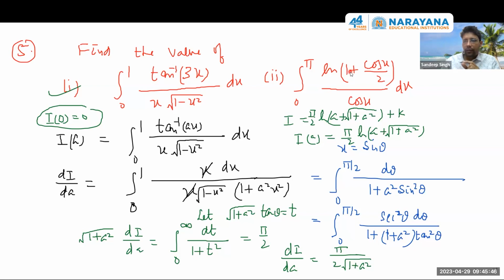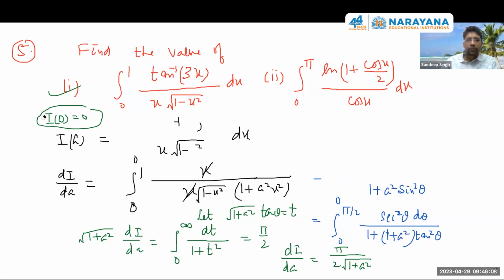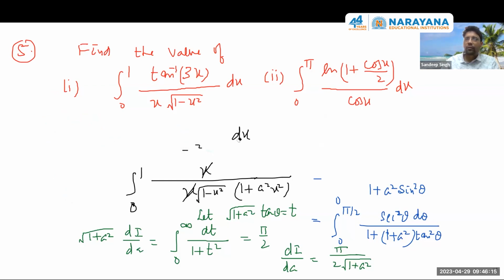The function you should take should be decided on the basis of its differentiation. And this should come out as a clean function which can further be integrated. This should be the criteria. So unnecessarily, obviously, JEE won't get you stuck over here. So it will be quite straightforward to observe what that function will be. So as you said correctly, the derivative of ln of 1 plus a cos x with respect to a will be what?